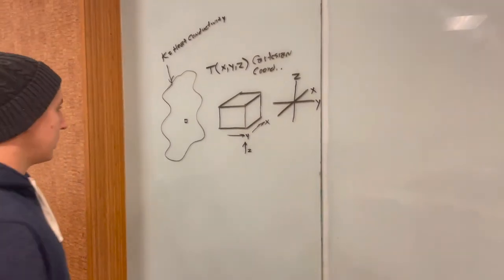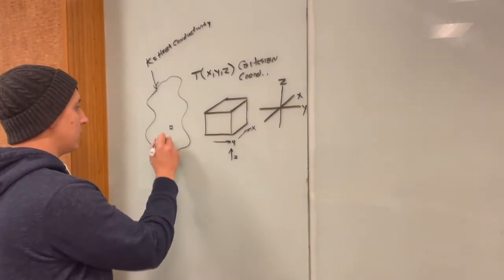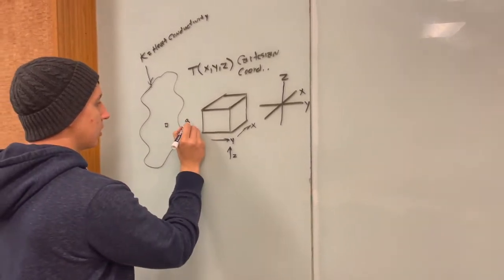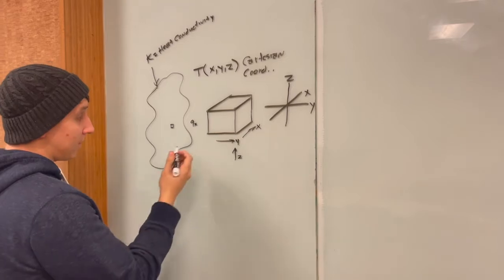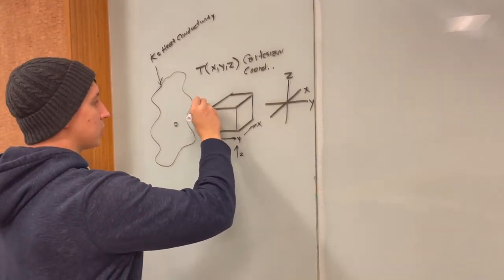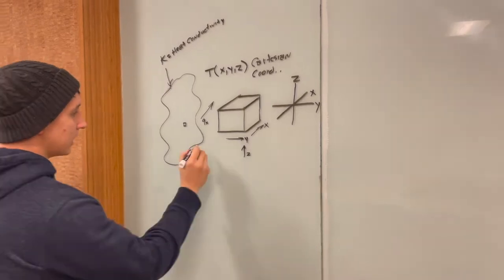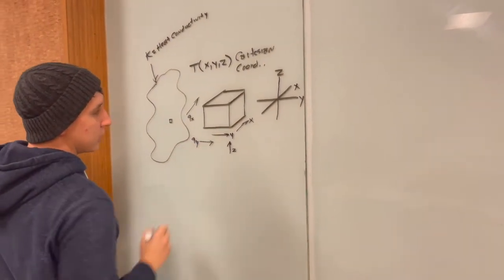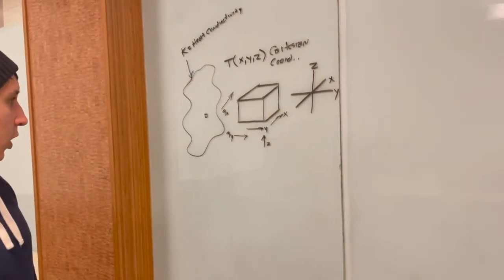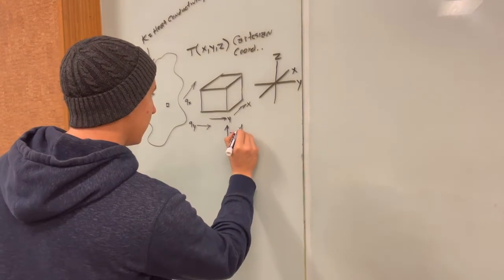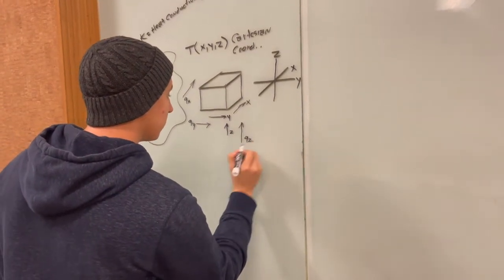Now, let's just say that within this small differential volume, there is a heat flux, Qx, going in this direction. We also see that there is a heat flux, Qy, going in that direction as well within this differential volume. And there is also one going this way, Qz.